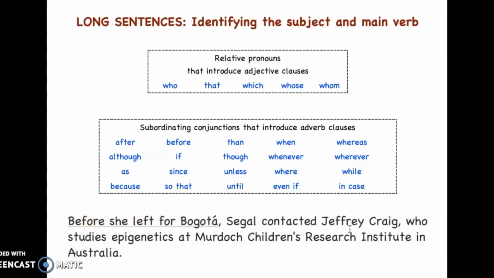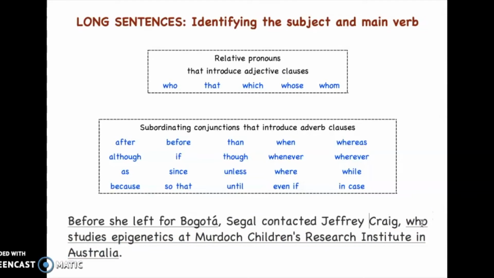Sigal contacted Jeffrey Craig, who, okay, there's the who again, who studies epigenetics at Murdoch Children's Research Institute in Australia. So it looks to me, this whole thing is telling us more about Jeffrey Craig.